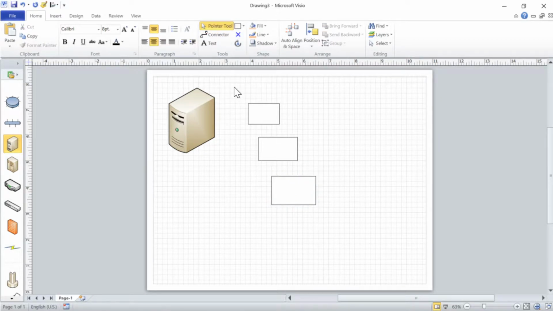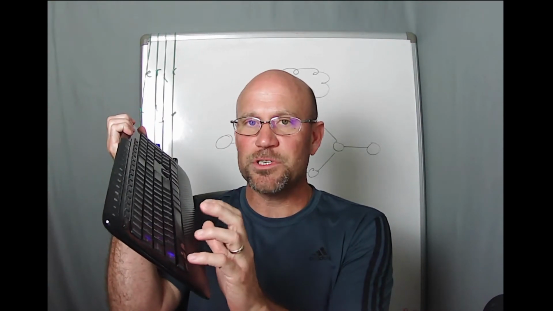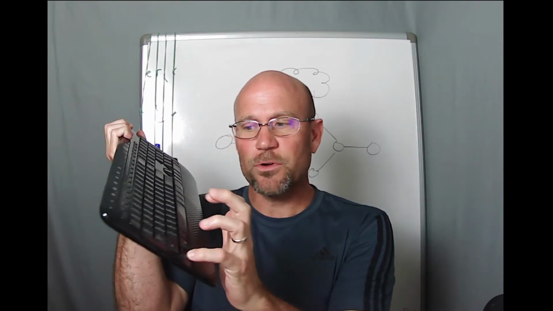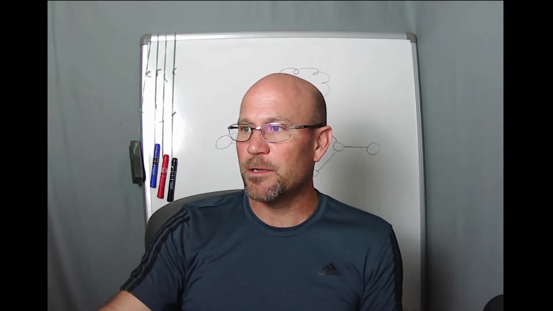If you click with the left mouse key and drag over all of them, now they're all highlighted. If you hit Control G on your keyboard, and I think a lot of you already know this, but just for those that don't, you have to hold the Control key down, G. Okay, that just grouped those objects together, and I'll show you what I'm talking about in a second.